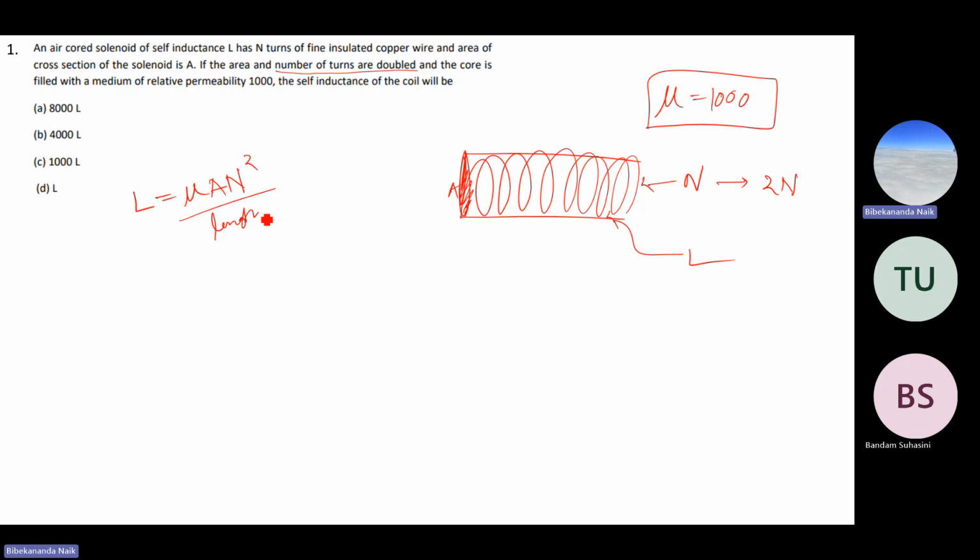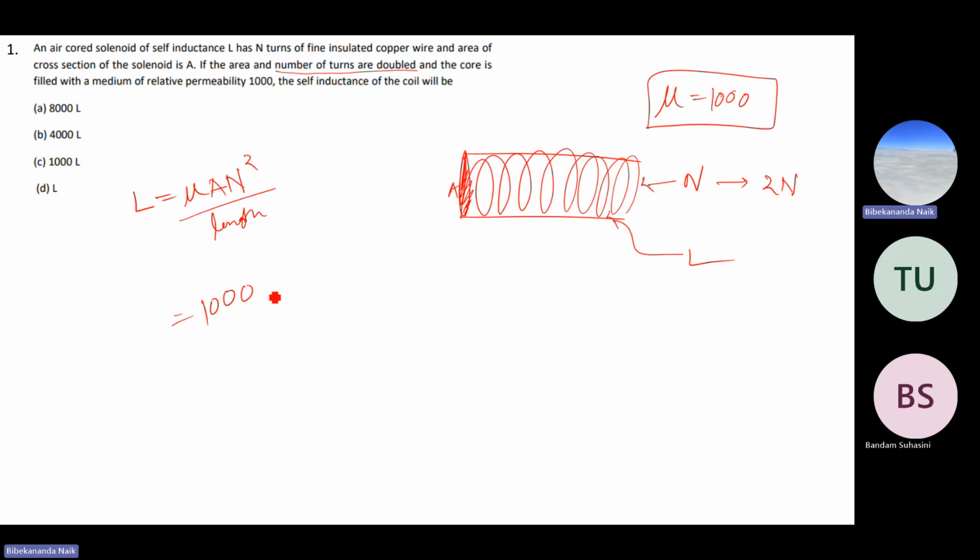The self-inductance of the coil is mu A n square divided by the length of the coil. Now, initially the relative permeability was 1. Now this mu will be how much? 1000, because the core was filled with a medium of relative permeability 1000.